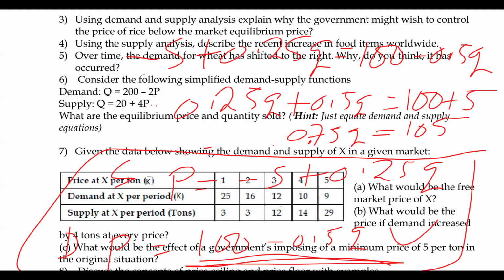And you want Q, so divide through by 0.75. What is your Q? 105 divided by 0.75.